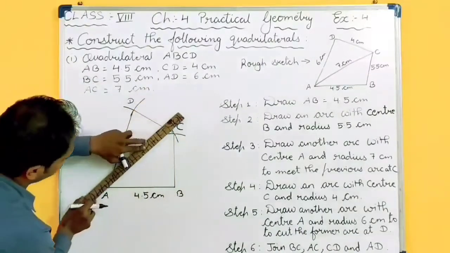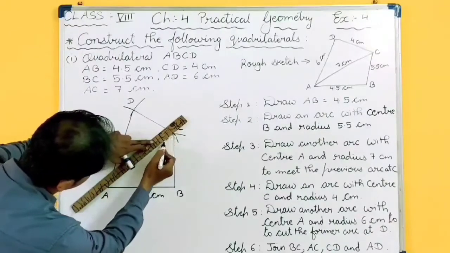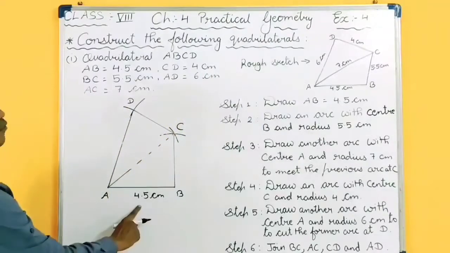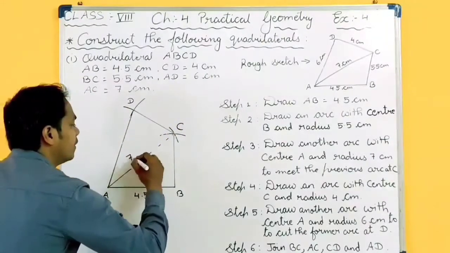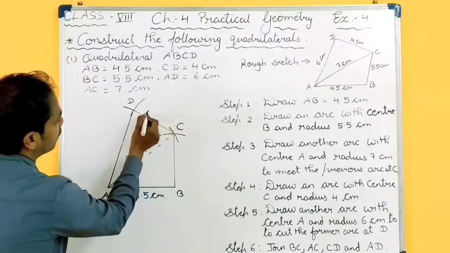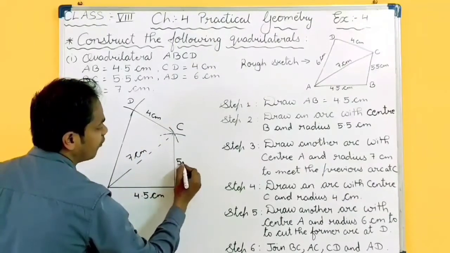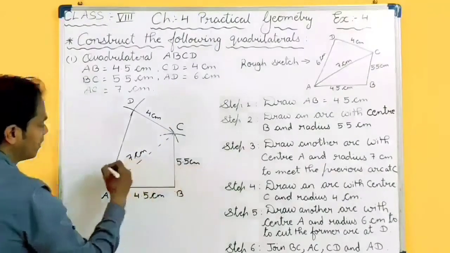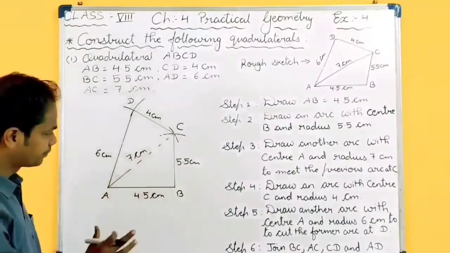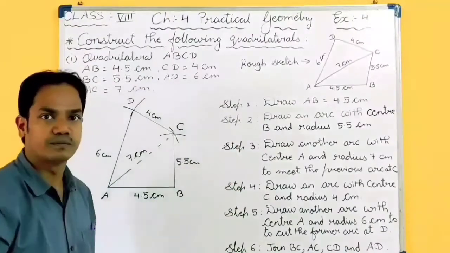Okay, and this was my diagonal AC. Okay, so this is 4.5 centimeter. AC is 7 centimeter. My DC was 4 centimeter. BC was 5.5 centimeter and this was 6 centimeter. Okay, this is your required quadrilateral. Okay, so you have to write these steps also.